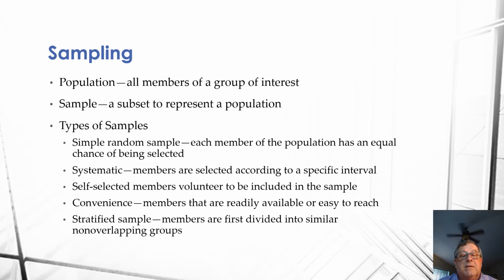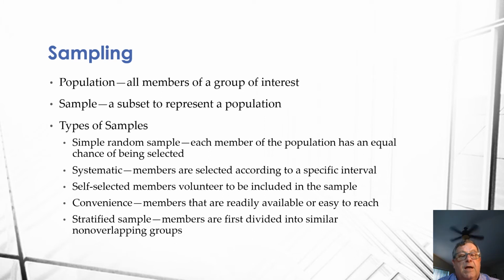And then lastly is something called stratified. A stratified sample is where the members are divided into similar non-overlapping groups. So let's say we were going to sample the student body, and we might select, maybe at an interval or maybe even randomly, an equal number from the freshman, sophomore, junior, and senior classes.